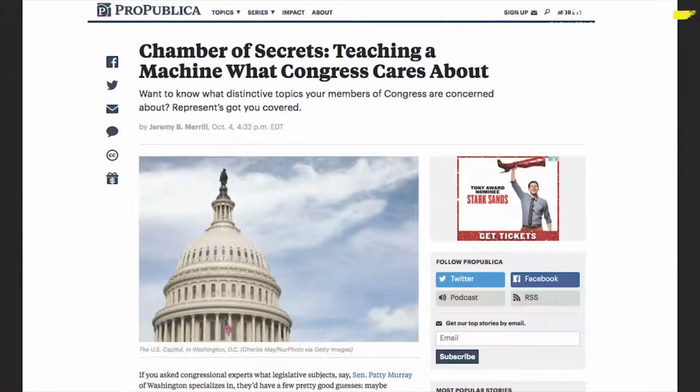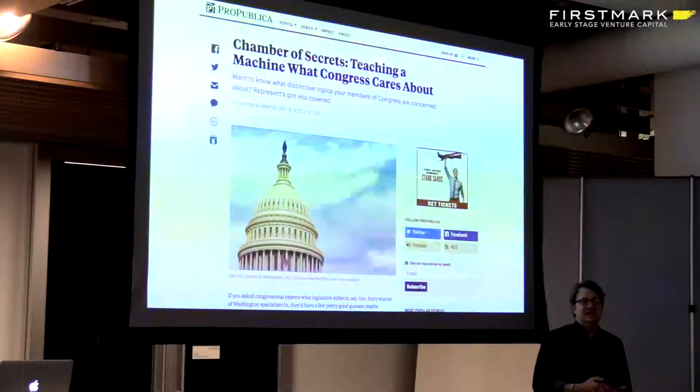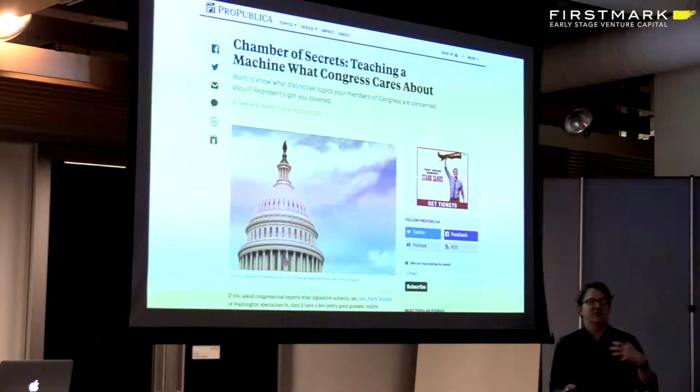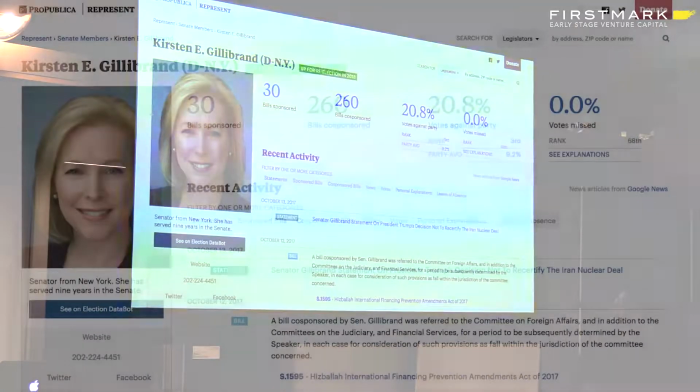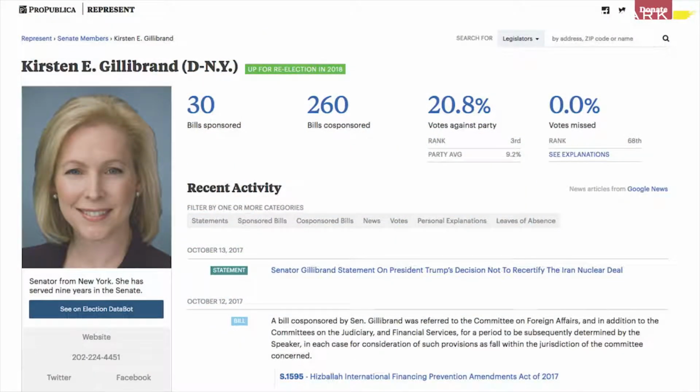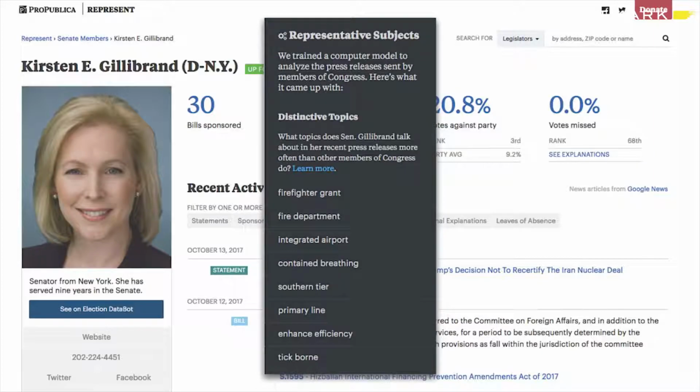There's more useful things that AI can be used for. ProPublica just released this last week, I believe, where they went through tens of thousands of press releases from members of Congress to determine, using language processing and similarity detection, what Congress people were interested in. So here in New York, we have Kirsten Gillibrand. She's a New York senator. And what she is most interested in that is unique to her, so it's not just, I'm interested in education.